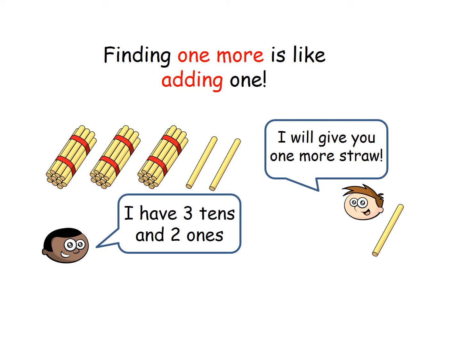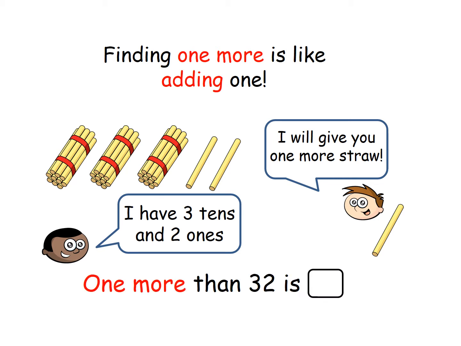Does anybody know what one more than 32 is? You can use your number grids to help you with this if you need to. One more than 32 is 33, because 2 ones, add one more one, makes 3. So then we've got 3 tens and 3 ones, so your number is 33.